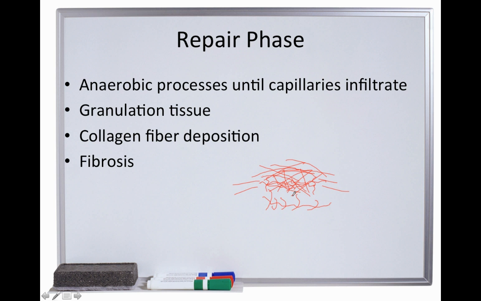Like I said before, with chronic inflammation, you start to get that collagen fiber deposition over and over and over again. And you get too much collagen laid down. You get that thick fibrosis. It feels like squeezing an orange versus squeezing a squishy sponge, which is your acute inflammation versus chronic inflammation here.